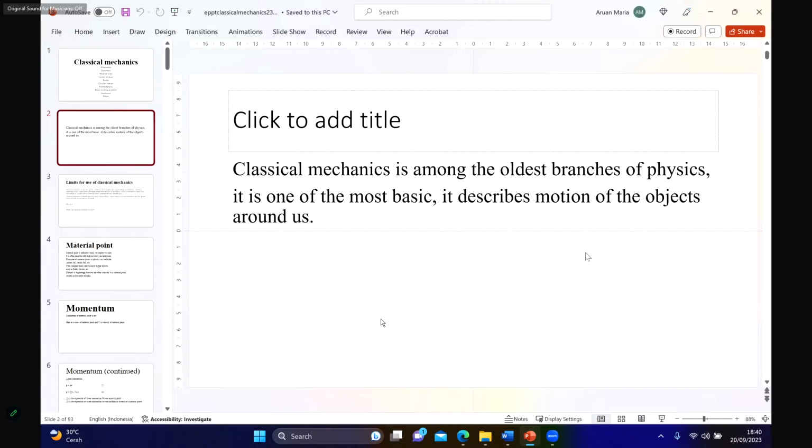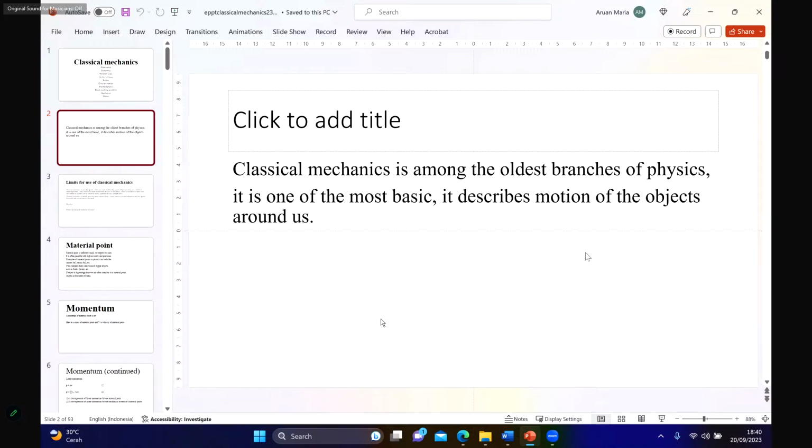So the second slide discusses what classical mechanics is, and it is one of the oldest branches of physics. It is one of the most basic branches of physics.